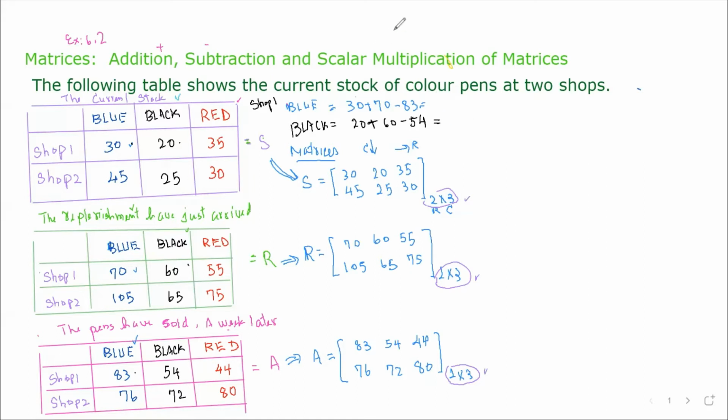This one gonna be after this, you want to find the final stock we have after we repurchase, right? And sold out 1 week later. So the matrix represent become S, right?